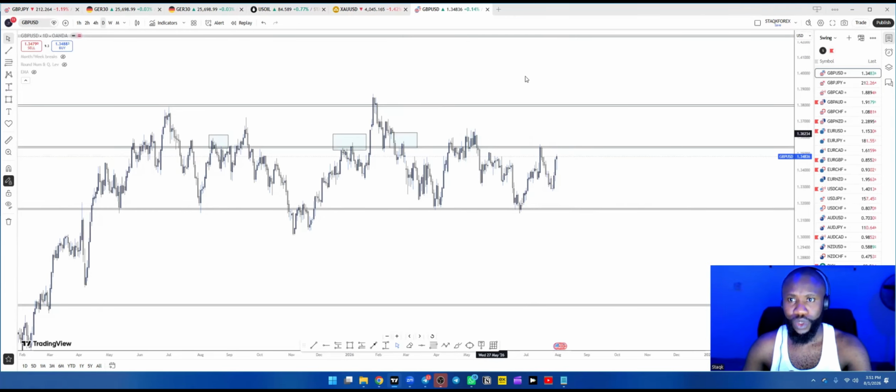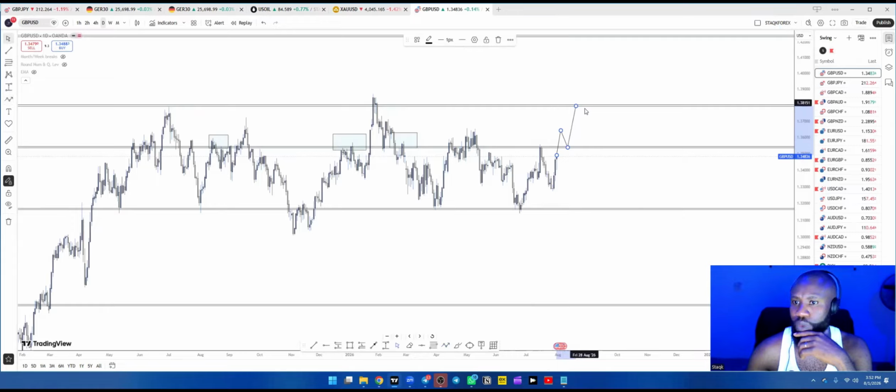For my analysis, we might experience a breakout, a retest, and then we'll target this next zone once that happens. Are you getting me? We'll target 1.3800. If it doesn't happen that way, then we'll run into this level.